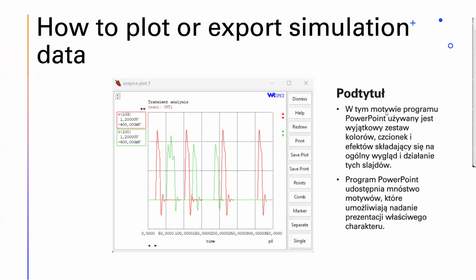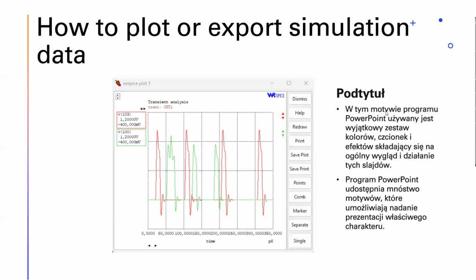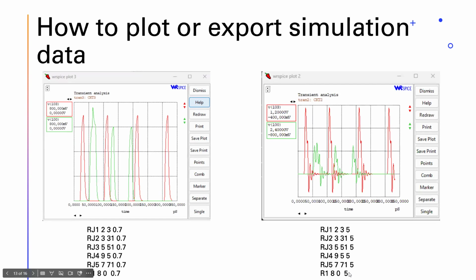So if we define the nodes that we want to plot in our netlist, this is the result for the most basic setting, and we can see what happens if we change the resistances. For example, here all the resistances are increased to 5, and we can see the change in the voltage response. And all the resistances are reduced here, and we can see it right away.